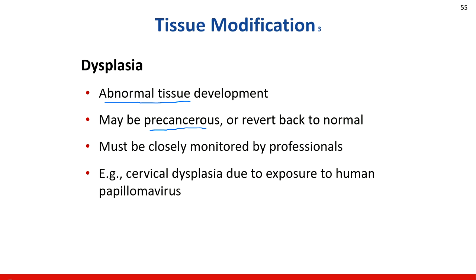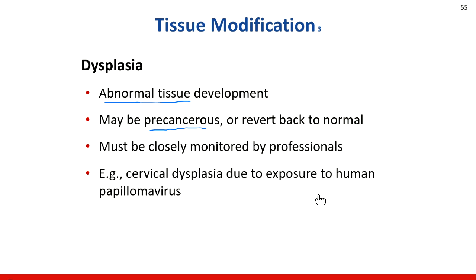So when we talk about cervical dysplasia, when the female is exposed to HPV, or human papillomavirus, that virus can cause the growth of abnormal cells, and a lot of times those cells will be sloughed off or die off on their own. The body will kill them off.